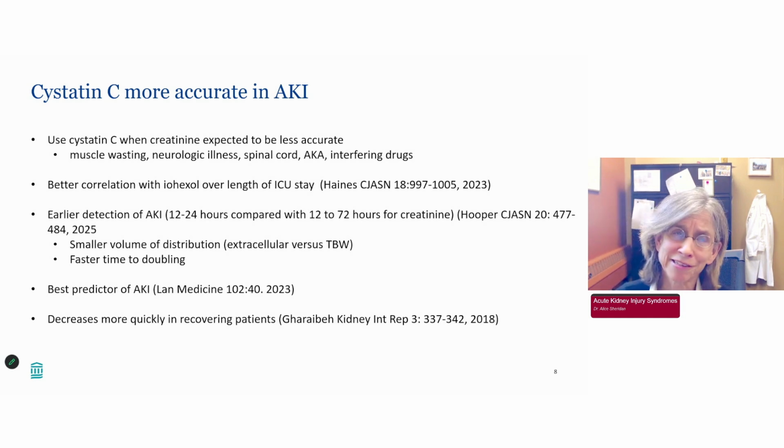This was clinically demonstrated in a network meta-analysis by Lan et al. Published in 2023. This was a collection of about 2,000 patients, and they looked at multiple biomarkers, both structural, the ones that Joe discussed with you, and functional, the cystatin C, and compared to what was considered the gold standard AKI 2012 criteria.